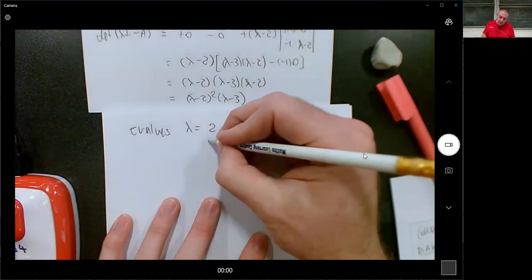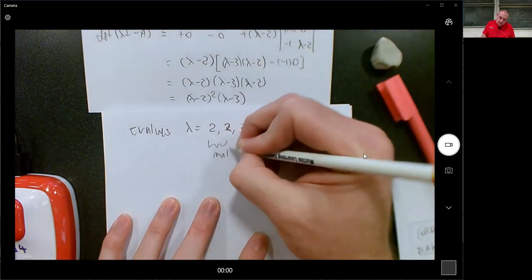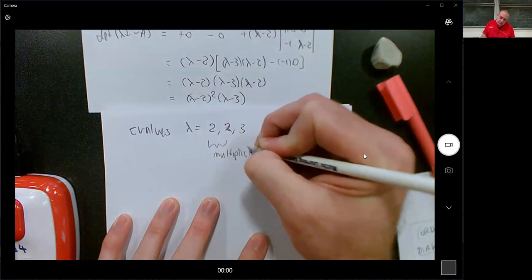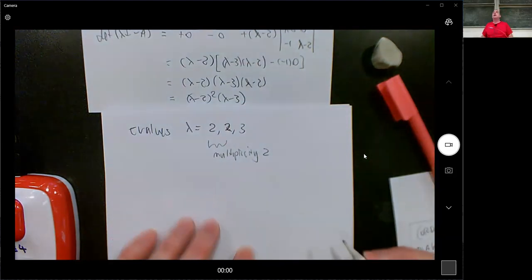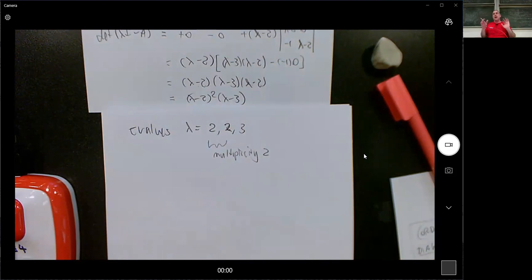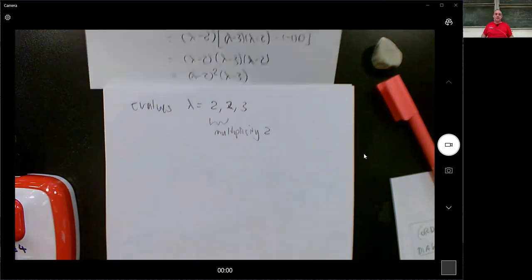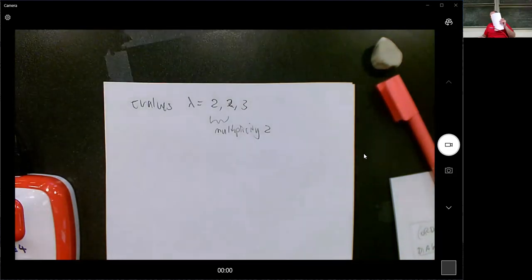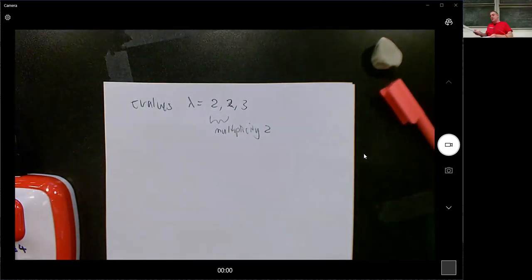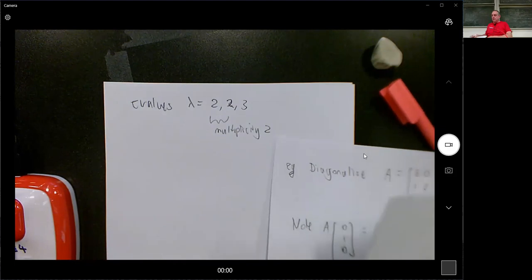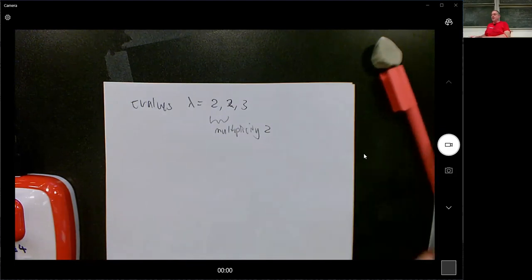But if you like, you can say multiplicity 2. And the reason you need multiplicity is so that the theorem that says when you multiply the eigenvalues you get the determinant, and when you add the eigenvalues you get the same as the trace, it still works. It doesn't work if you don't include them more times than things. And mathematicians are nothing if not people who like to have nice, neat rules that cover everything.